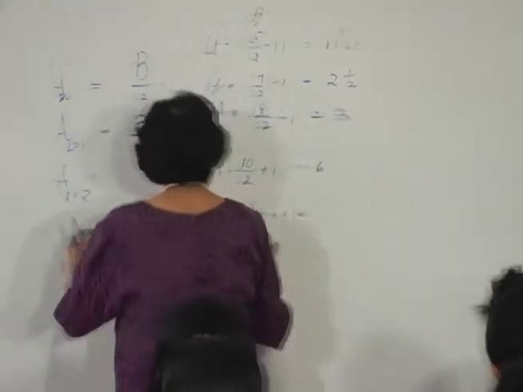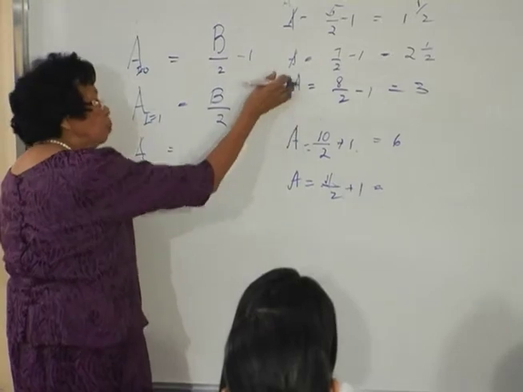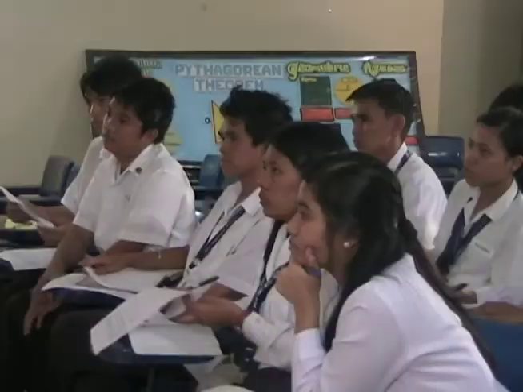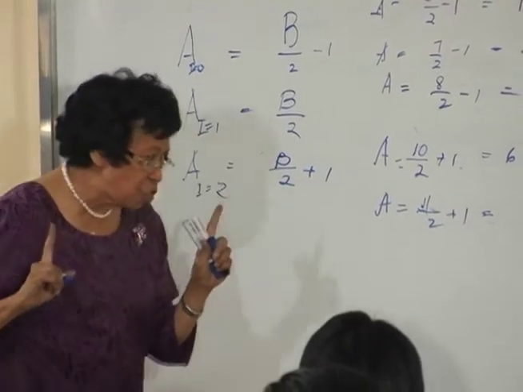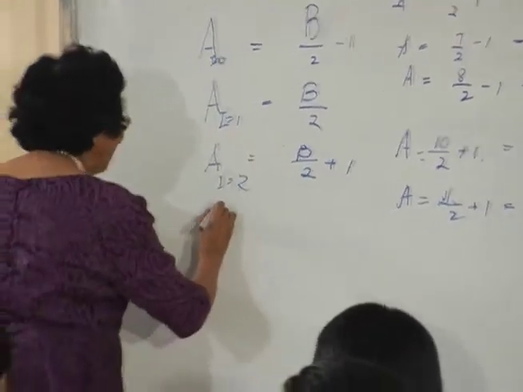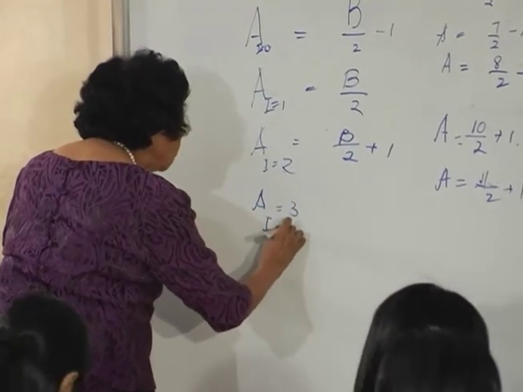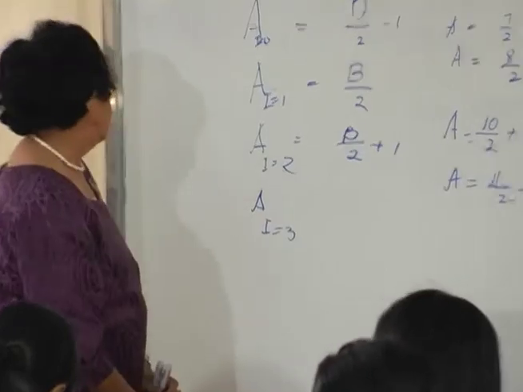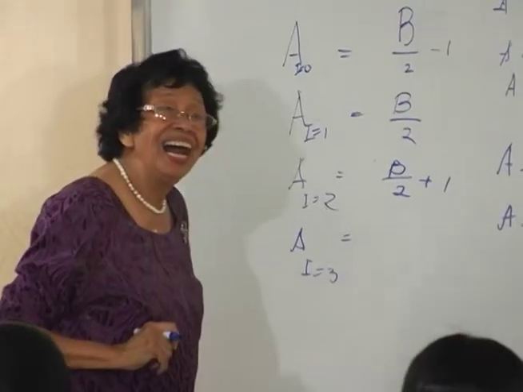So here, we are now saying when I is equal to 2, what seems to be the suggested formula? Somebody? B over 2 plus 1. Is it not? Now, I'll challenge you. Supposing area for I is equal to 3. Yes.